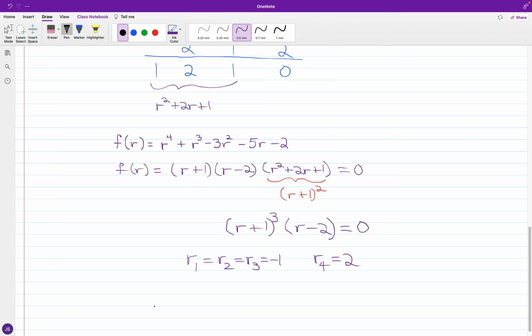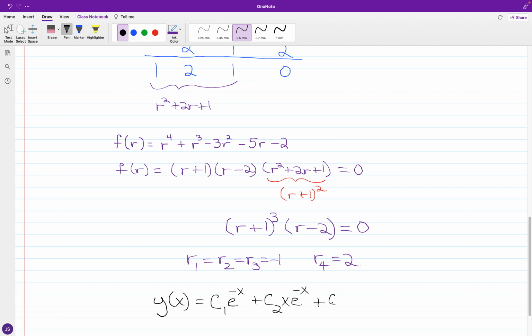And so we're going to have for y of x, c sub 1 times e to the -1x. And we have plus c sub 2, and signifying the repetition of -1, we have c sub 2 x times e to the -x.